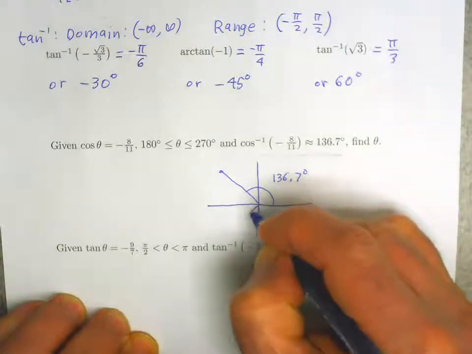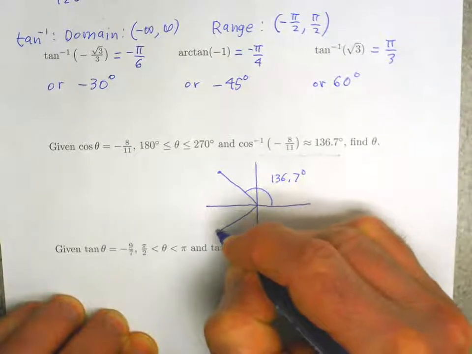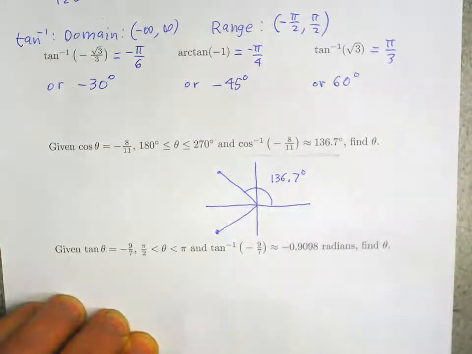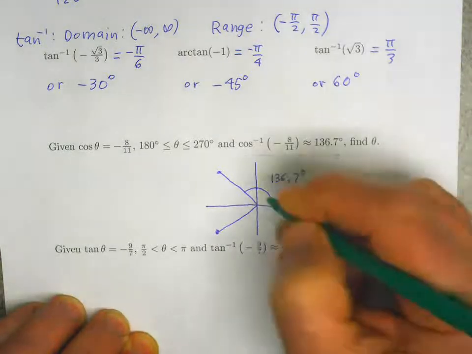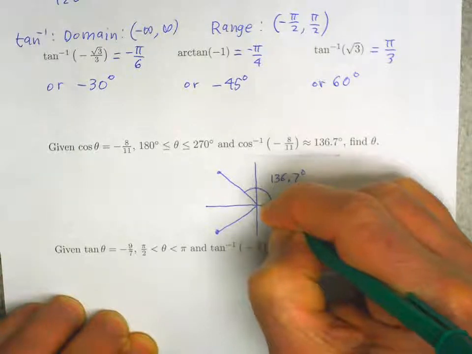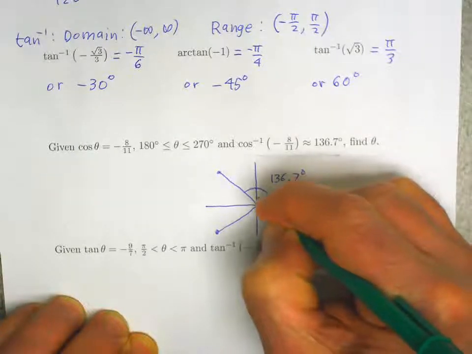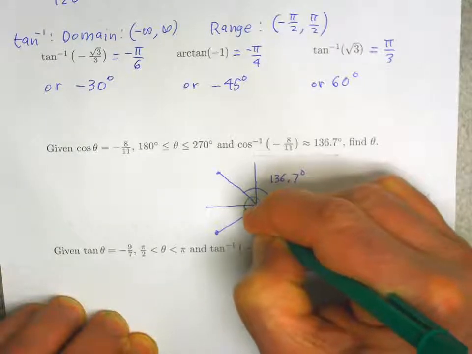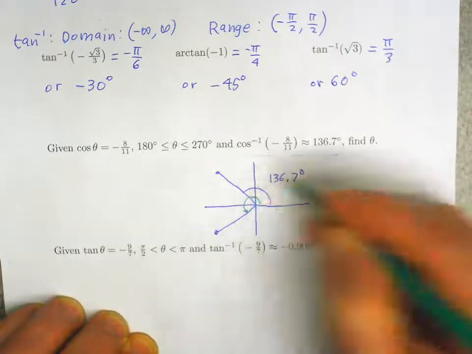So we have this angle in the third quadrant, I'll sketch in what theta has to be. Theta in standard position counterclockwise goes to there.